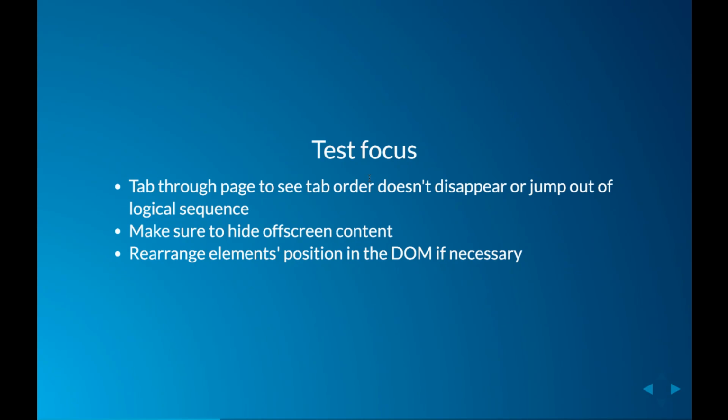So we should hide those off-screen elements from focus. And then you may need to rearrange content in the DOM to make sure you have a natural tab order. This is really important if you use CSS to position elements. Make sure you test that the tab order is still natural and follows the top to bottom, left to right reading order.